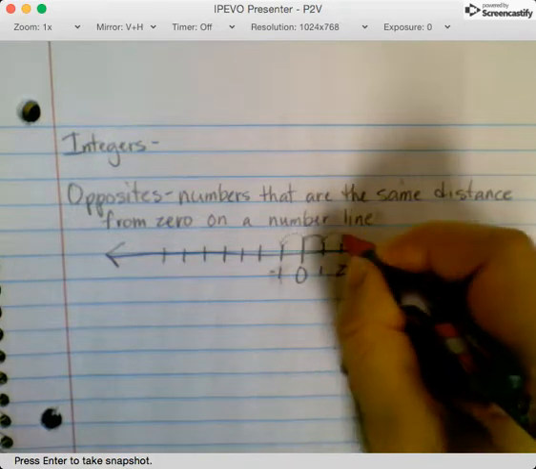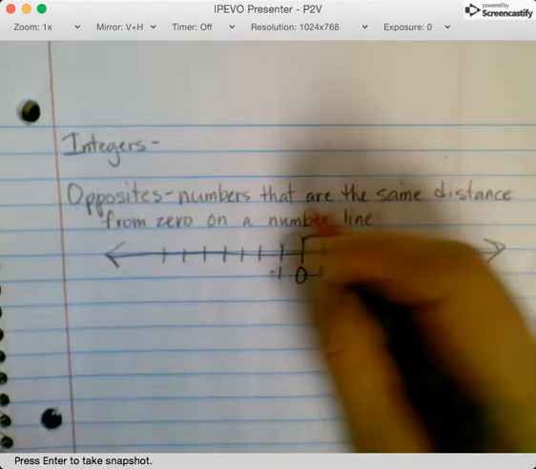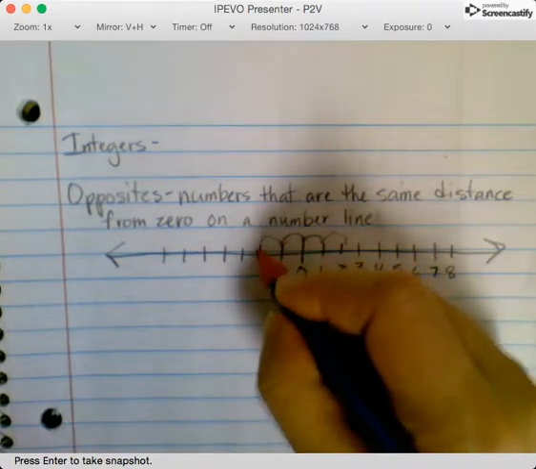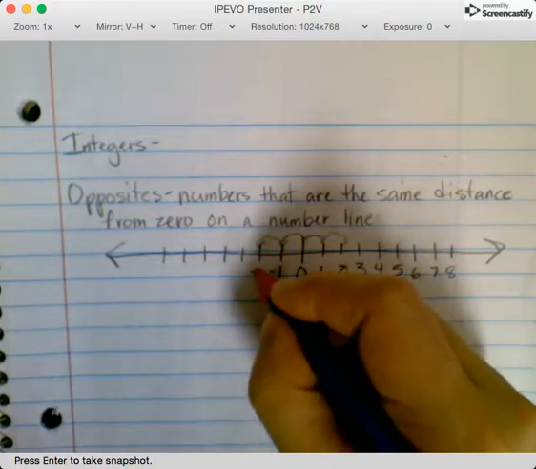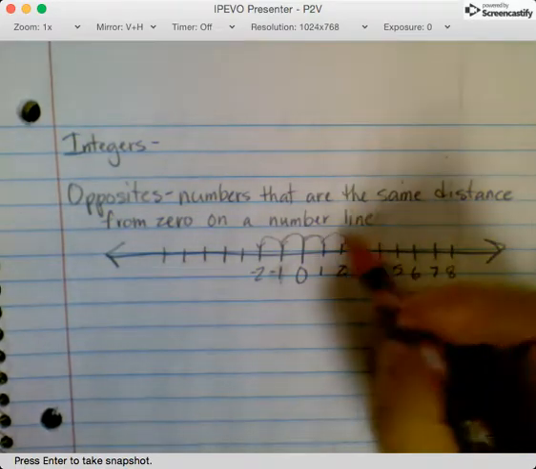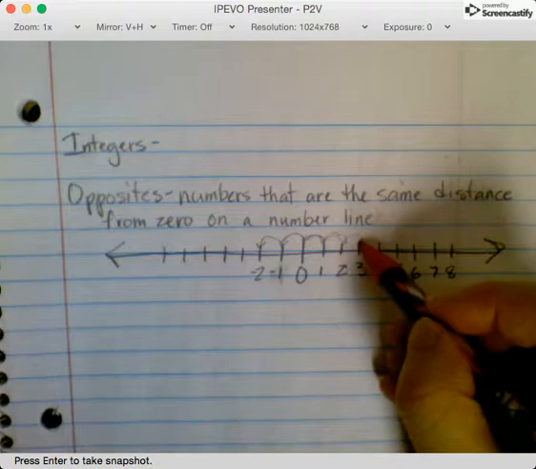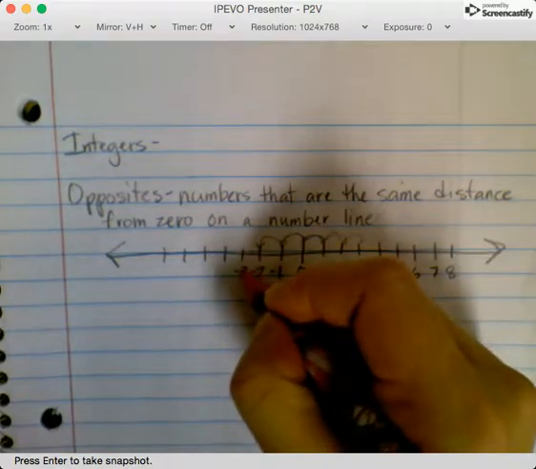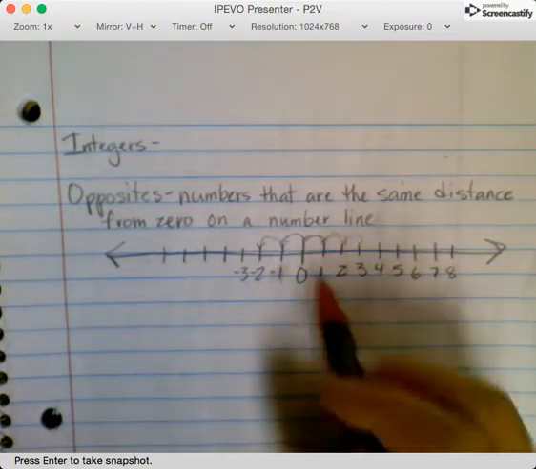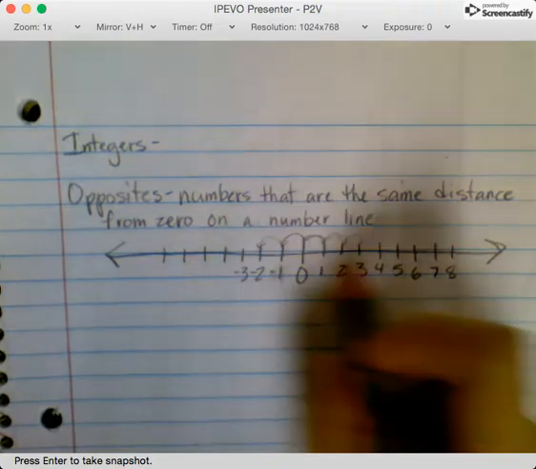Two is 2 spaces away from 0. And if I go the opposite direction 2 spaces away, I get to -2. 3 is 3 spaces away. The opposite is -3. So I can continue filling this out.